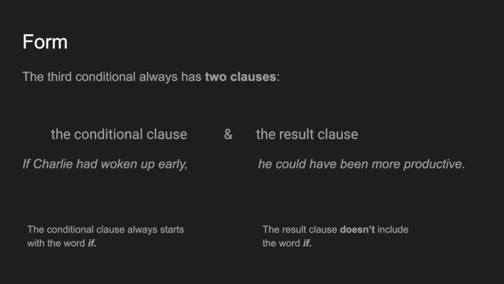And the other note says the result clause doesn't include the word if. So we're only going to include the word if in one of the two clauses. So in the second one, we don't have the word if. We just have he could have been more productive.